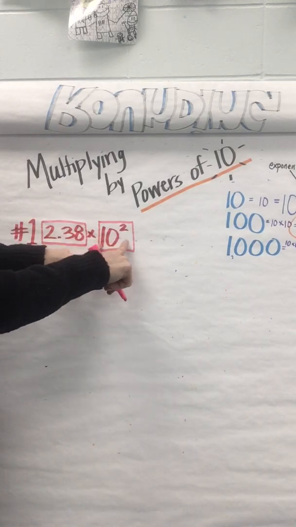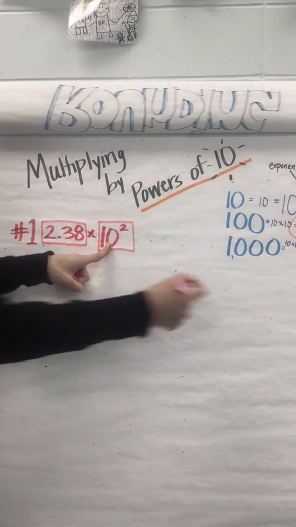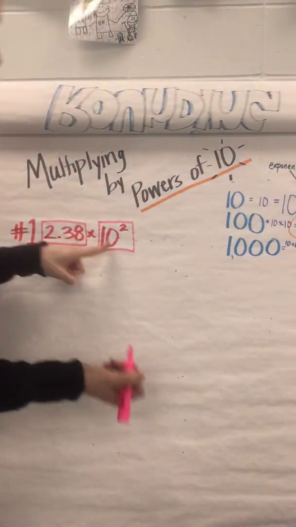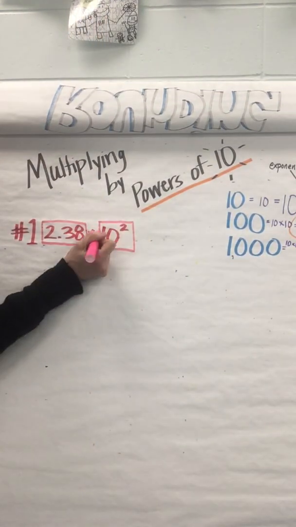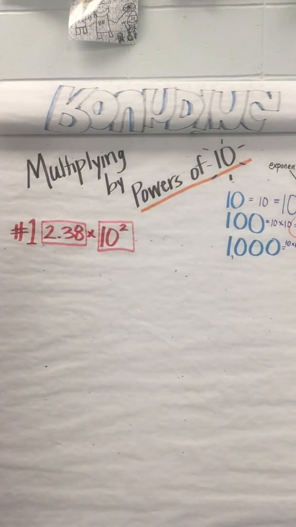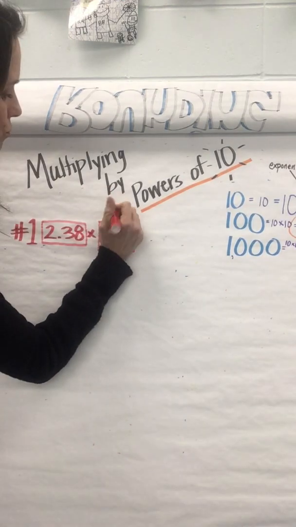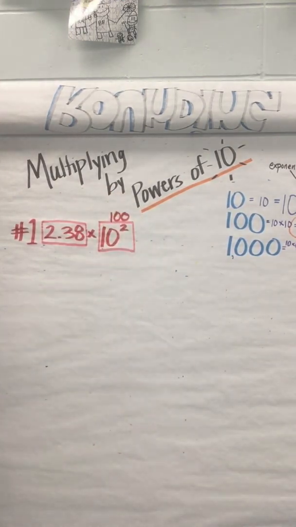But wait a minute, 10 squared is really just 10 times 10. Or sometimes remember it as 1 with 2 zeros. So another way to write this is just 2.38 times, let's just write this regular old 100.